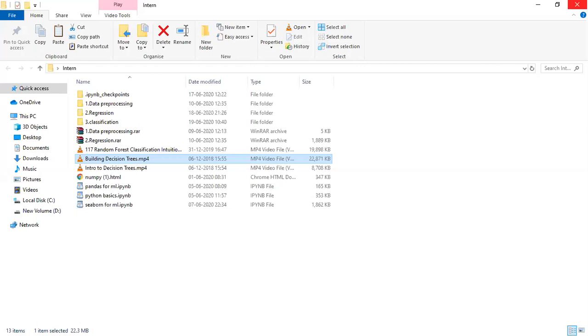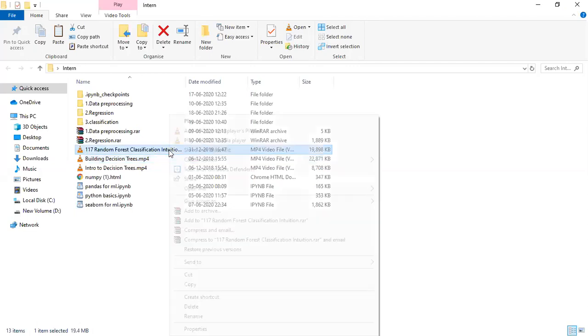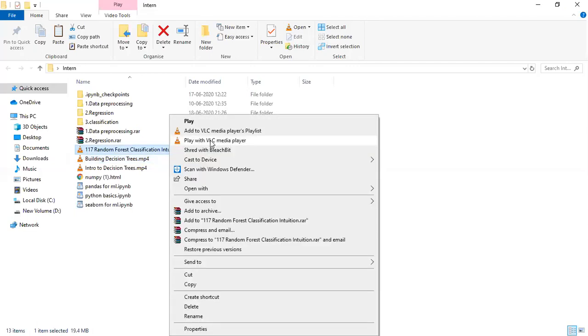Whenever features are categorical, it is better to go with this decision tree algorithm. After that, we have random forest classification as well. Random forest can be used for both classification as well as regression problems. Here we will see the intuition of random forest. In the next lecture, we will discuss the programs corresponding to all these algorithms.